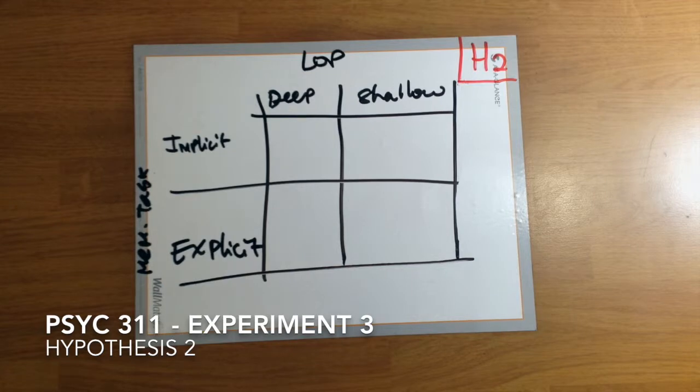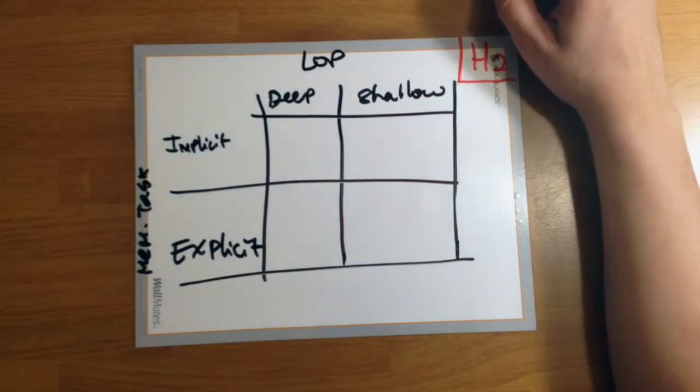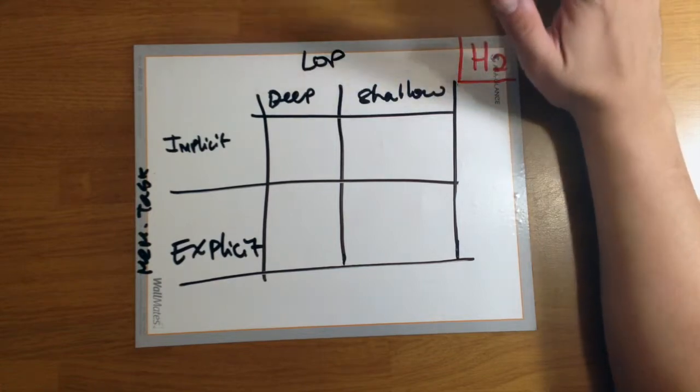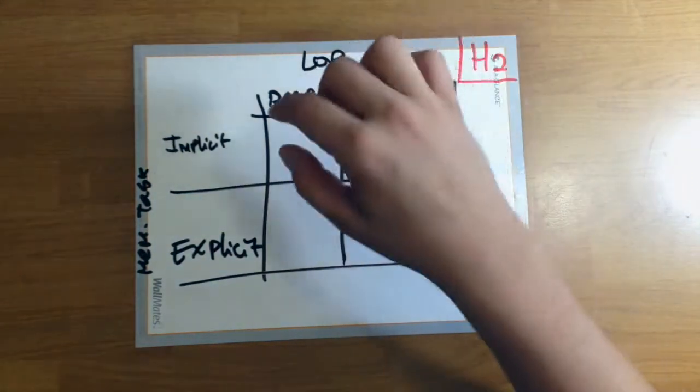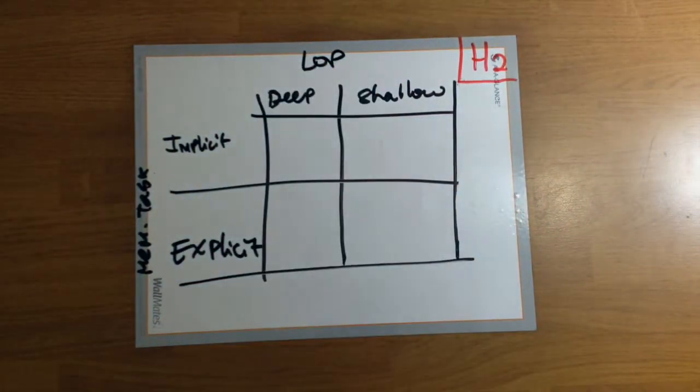Okay, so now we're going to talk about hypothesis 2. This one is a little bit more involved. We predict certain things depending on the effect LOP will have on the memory task.